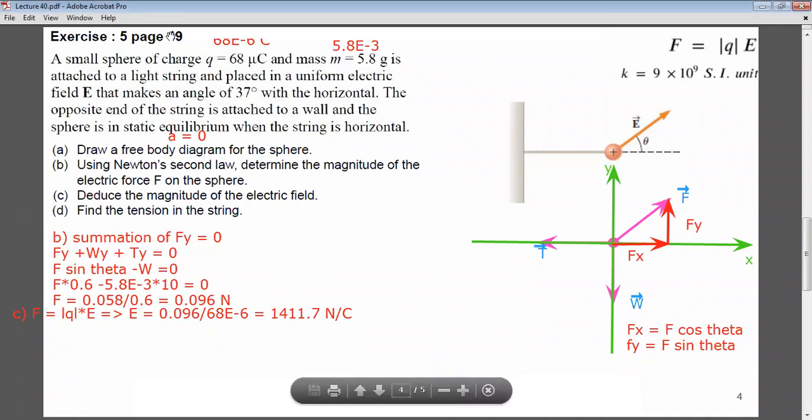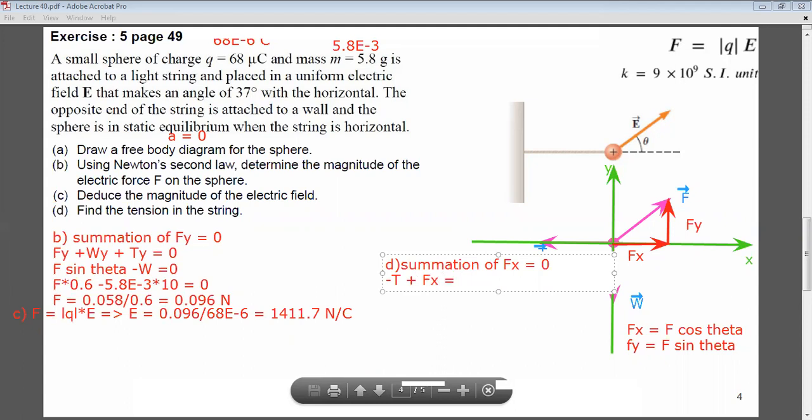Part D, find the tension in the string. So here the tension is along the x-axis, so I have to use summation of Fx is equal to 0. I will be left with minus T plus Fx is equal to 0. So tension is nothing but Fx, which is F cosine theta.